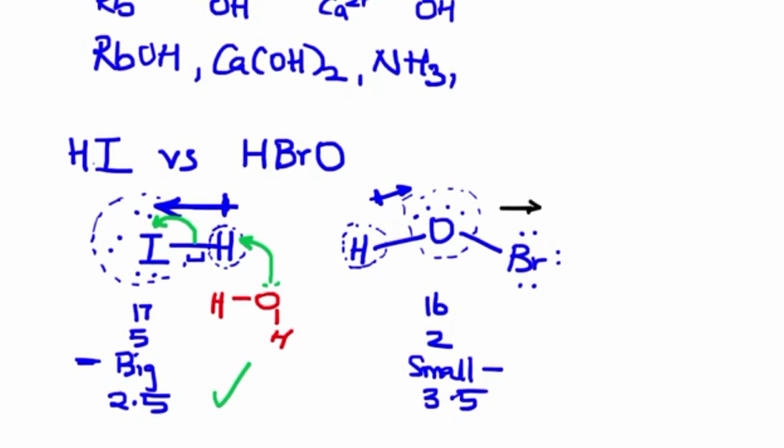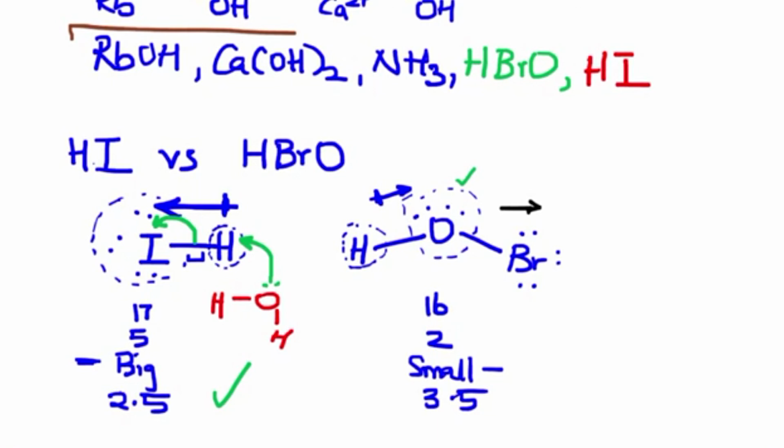So as a result, our conclusion is that this particular compound is a weaker acid than hydroiodic acid. So this is the ranking and the rationale behind this particular investigation right here.